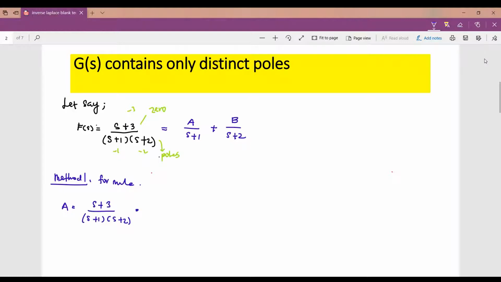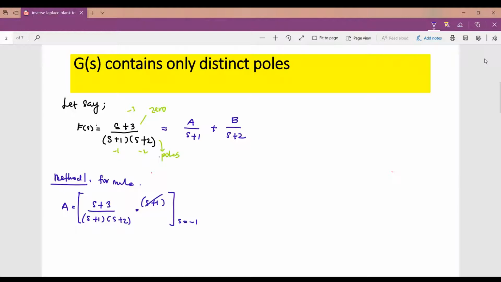The denominator for A is s plus 1, so you need to multiply with the denominator of A. The root of this first function is s equal to negative 1.